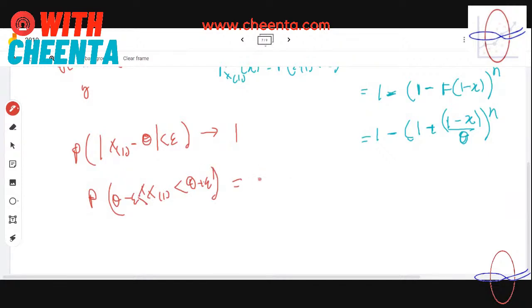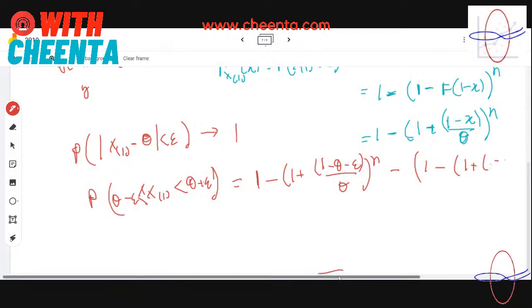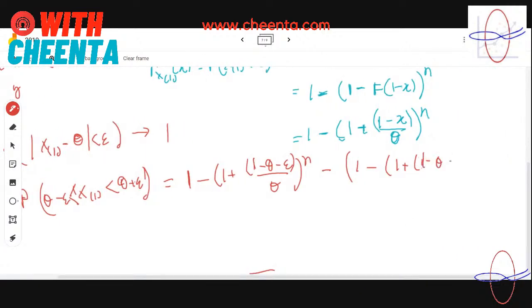So therefore, you get 1 minus (1 plus (theta minus epsilon) by theta) whole to the power n, minus 1 minus (1 plus (theta plus epsilon) by theta) whole to the power n. Okay, and one gets cancelled.